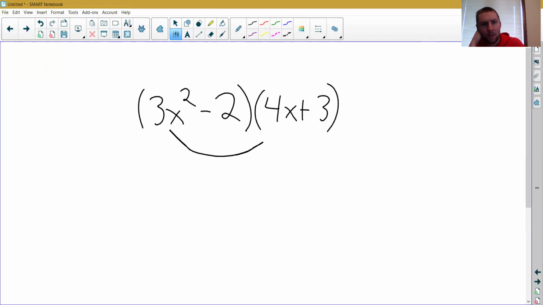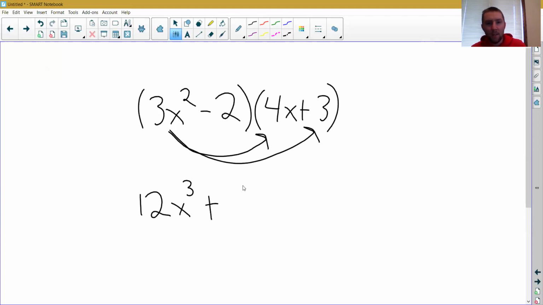I still do this piece distributed to both of the other pieces. 3x squared multiplied by 4x. 3 times 4 is 12. x squared times x makes x to the third, right? So that's the first term. 3x squared times 4x gives me this, 12x to the third. 3x squared times 3 gives me just 9x squared.